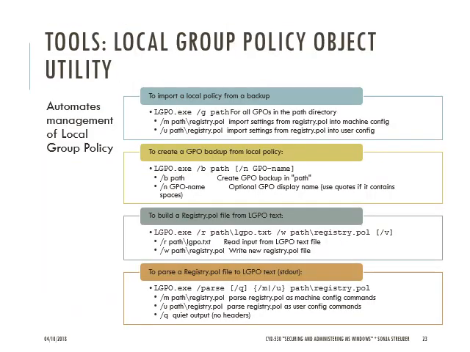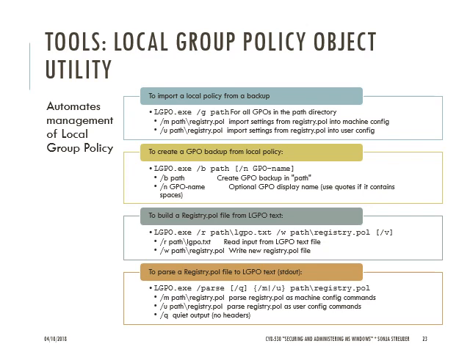The Local Group Policy Object Utility, or LGPO, is a command line utility designed to help automate the management of local group policy. Using local policy gives you a simple way to verify the effects of group policy settings, and it is of course also useful for managing non-domain joined systems.